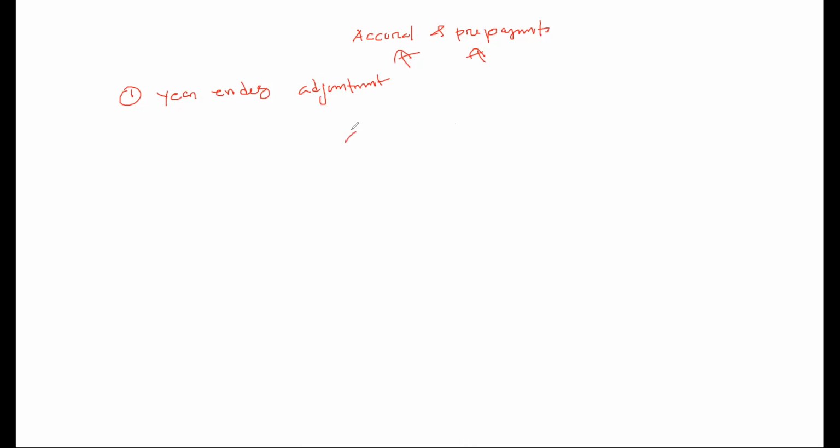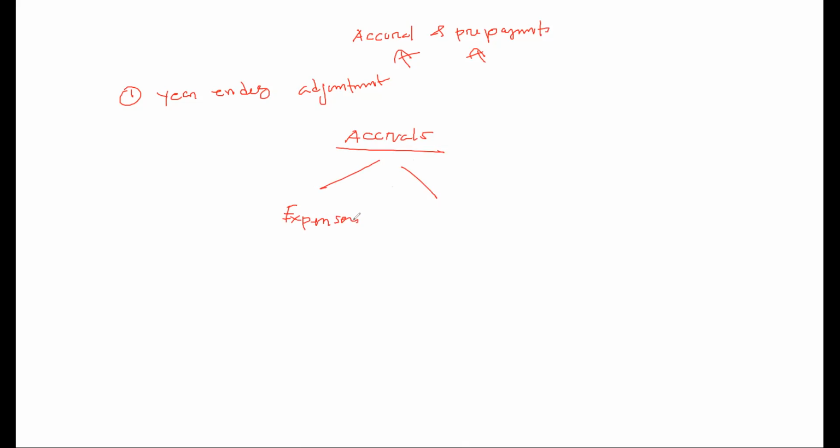The accruals basically have two sections. One is for expenses, so accrual expenses.